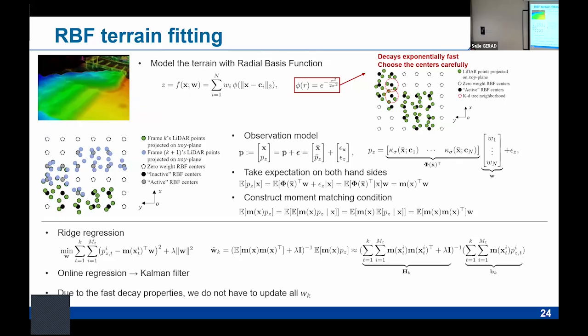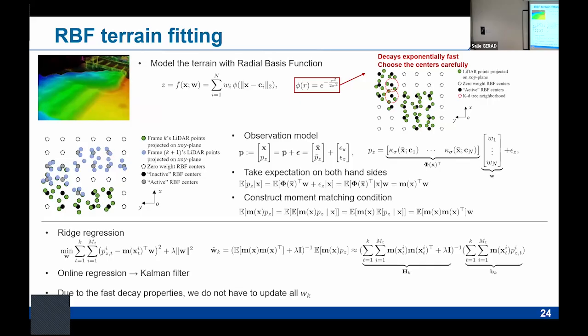Because this phi decays exponentially fast with r, usually this M times M transpose is sparse and very ill-conditioned, which means that you will have very weird shapes on the RBF. So in order to mitigate this, we choose to use ridge regression. We add a regularization term lambda here.